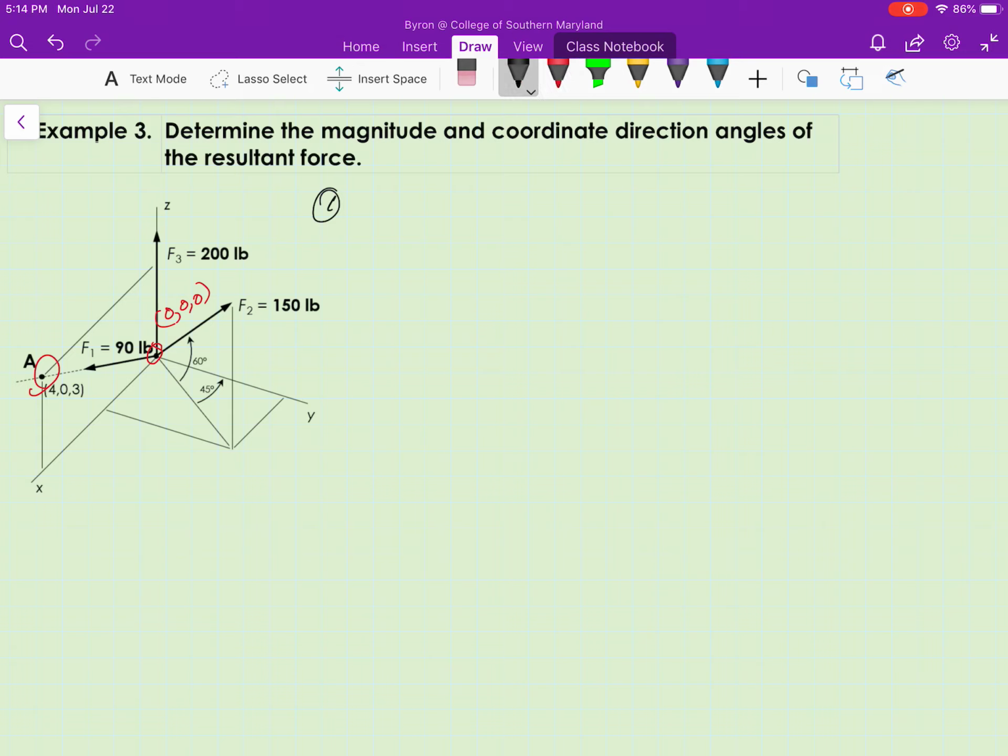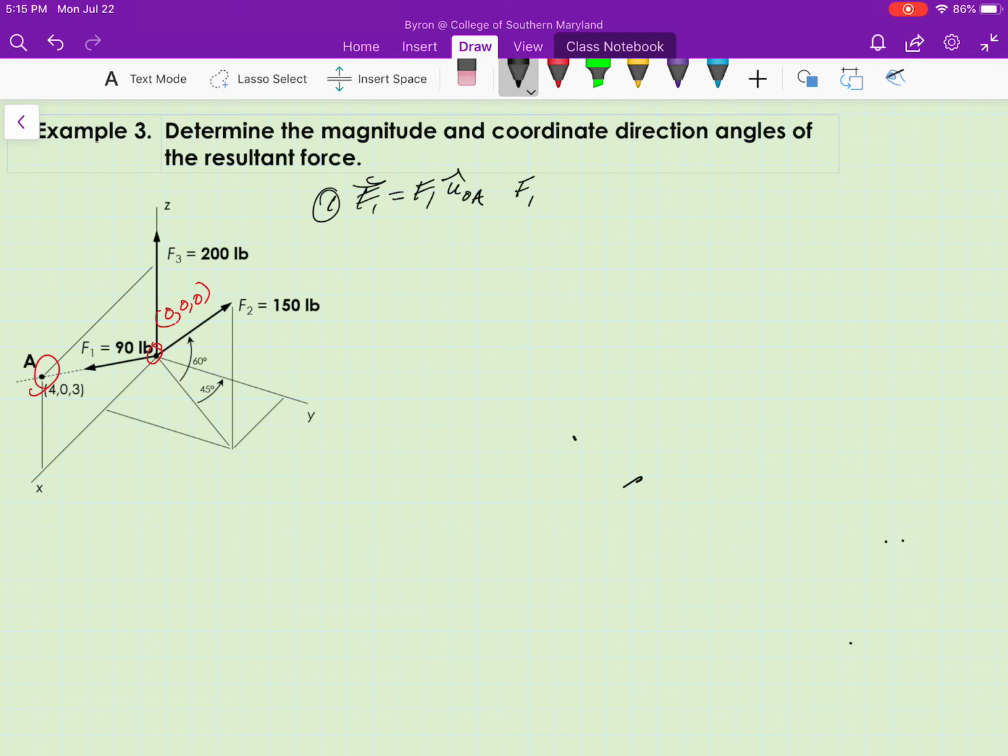So we can write F1 as its magnitude, we'll just call that F1 non-vector, times a unit vector along the line in the same direction as F sub 1. And we'll call that the unit vector sub OA.